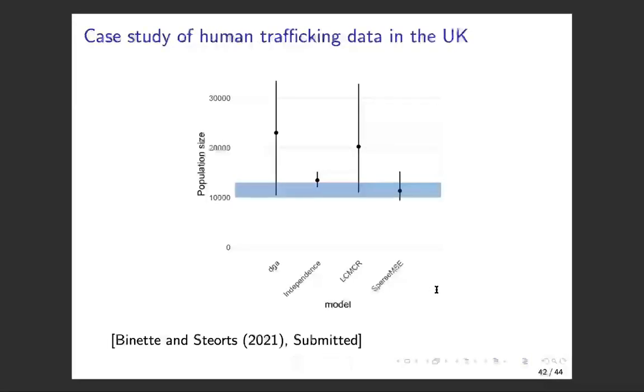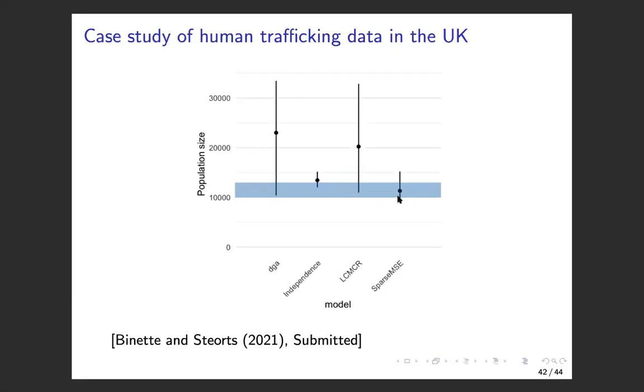And then finally, my PhD student, Olivier Binette, has been working on applications to human trafficking. One of them has been in the United Kingdom, following on some important work that Bernard Silverman did. Here, we've been looking at population size estimation for different and popularly used models in the MSE literature. These can have duplications in them. Here we're looking at the sensitivity of the different types of methods.